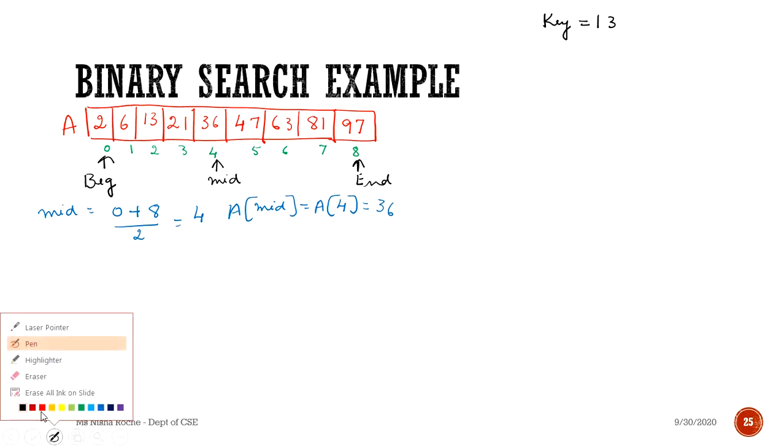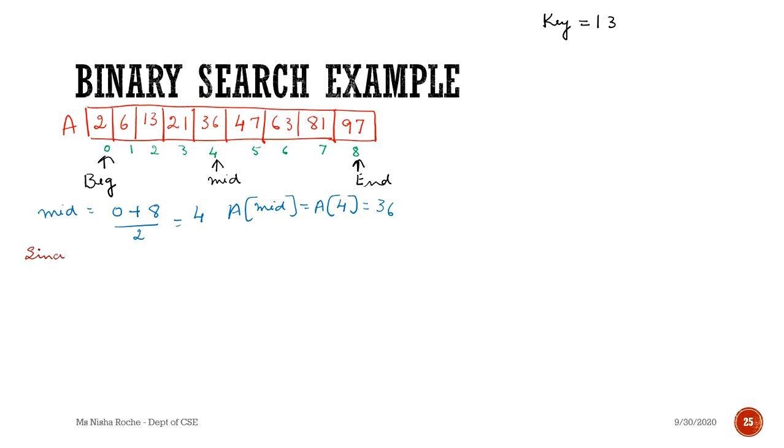Now compare the key with the middle element. Since the key to be searched is less than the middle element, which is 36, 13 is the element to be searched, 36 is the mid element. So we have to search on the left hand side. All the elements to the right hand side including the middle element can be discarded. So 36 to 97 can be discarded.